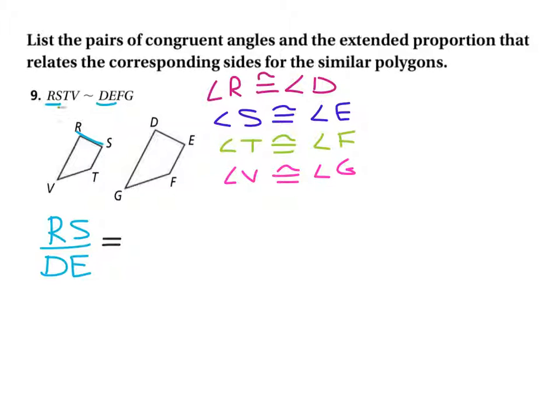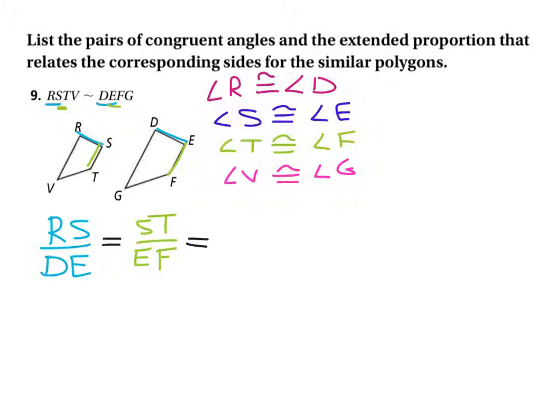Let's pick ST and EF. So ST, that, divided by EF, that. Is going to give you, if they are truly similar, that's going to give you the same number when you simplify it, okay?